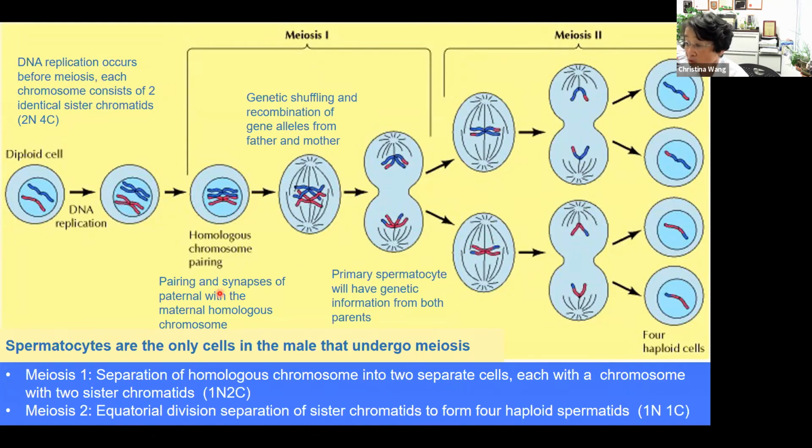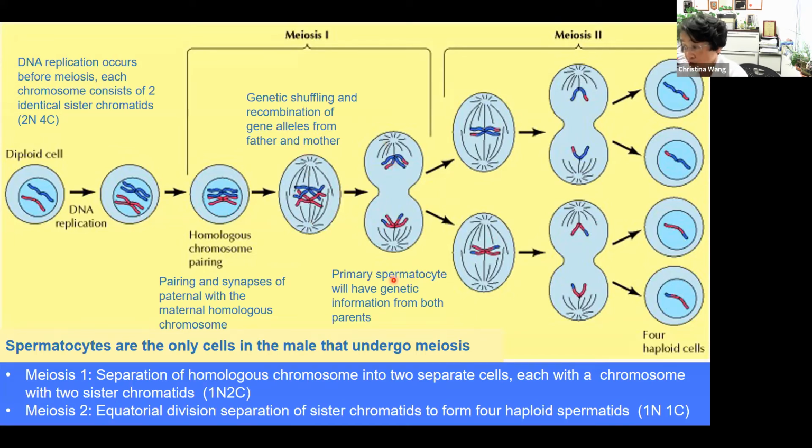It is really important that these two homologous chromosomes come together, undergoing pairing and synapsis. And then you can see there is genetic recombination so that the resultant cell gets the genetic information from both the father and the mother.